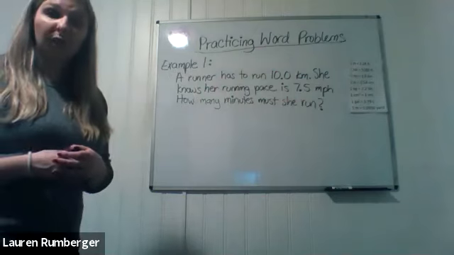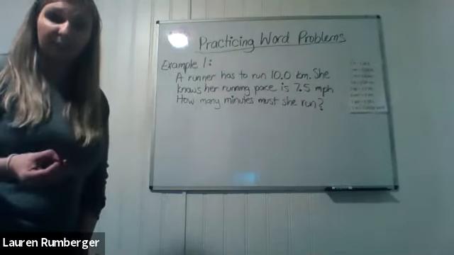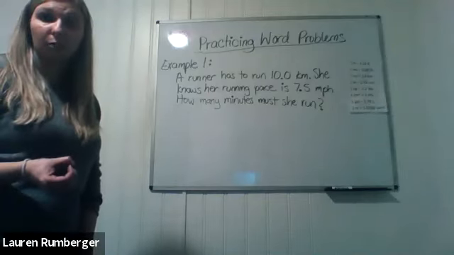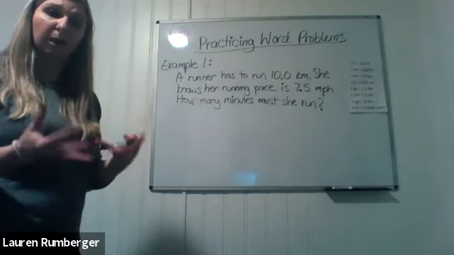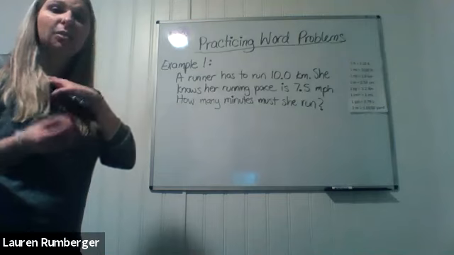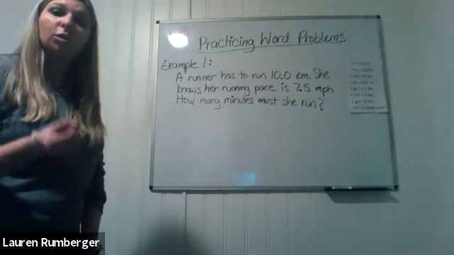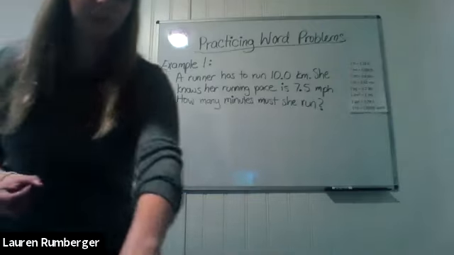So first thing you want to ask yourself is, what is the question asking me? What is it that we are looking to convert? We know that we have this runner. The runner needs to run a particular distance. What is that distance? You are given the distance to be 10 kilometers.